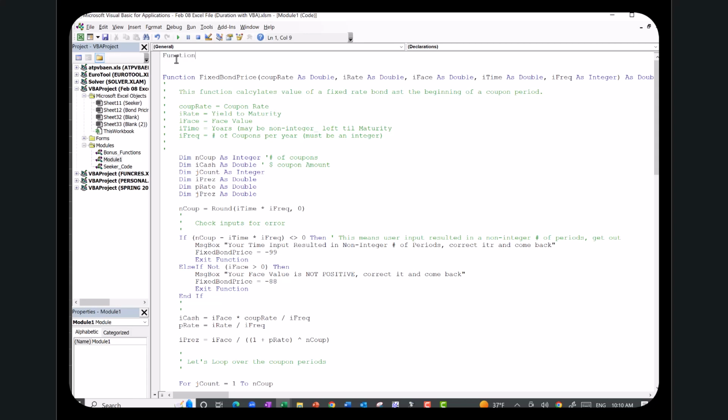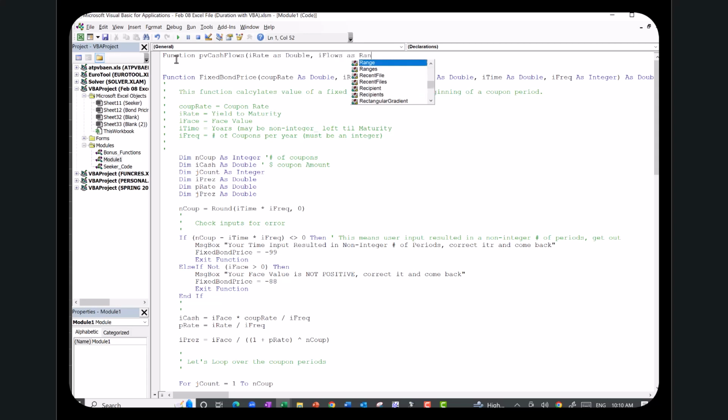So let's call this function PV cash flows. Again, that's the name I'd like to give. And there are going to be basically three arguments. I rate, that's the interest rate. I flows.